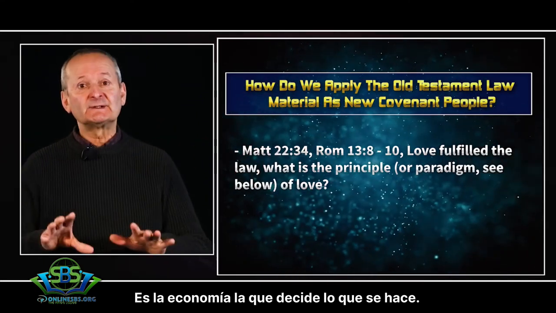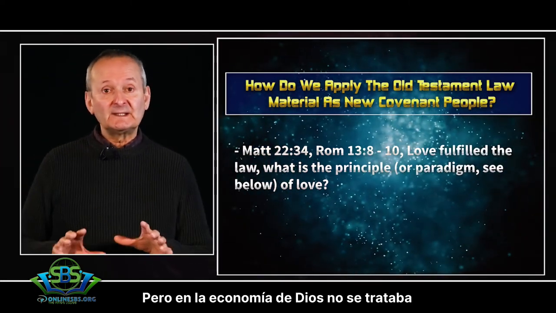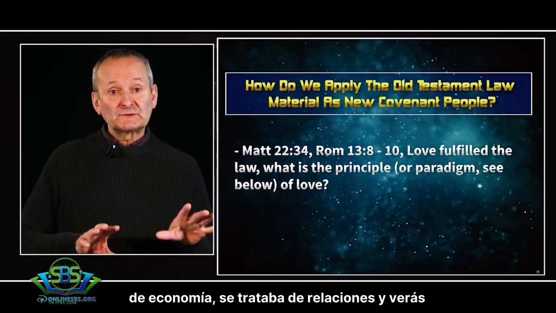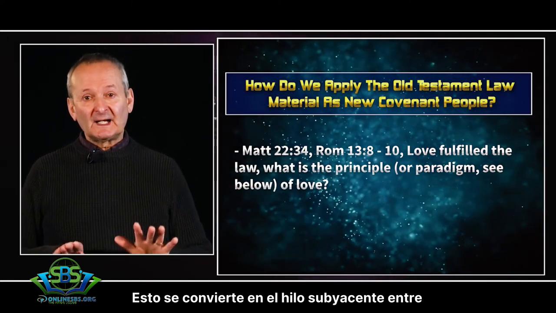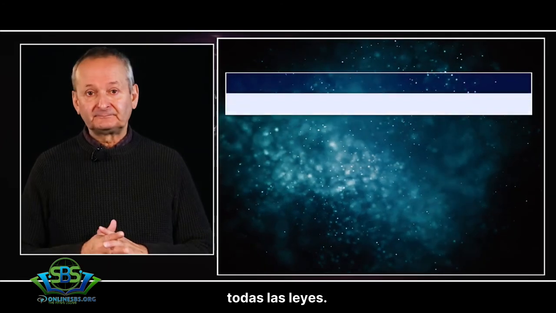It's economics that decide what is done. But in God's economy, it wasn't economics, it was relationships. And you'll see as the different laws are worked through, this becomes that underlying thread between all of the laws.